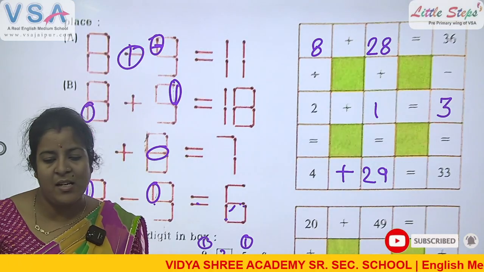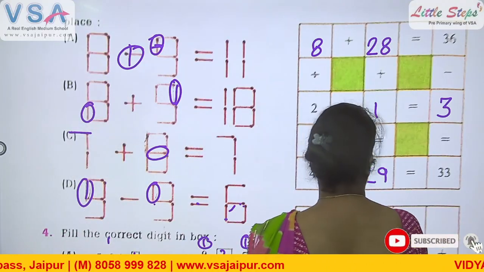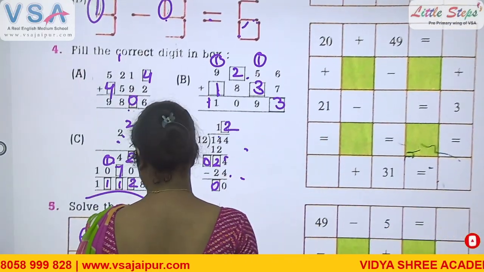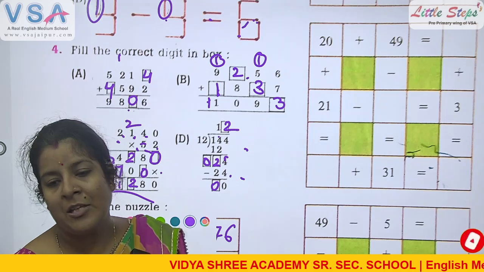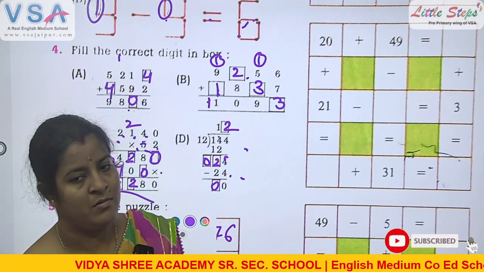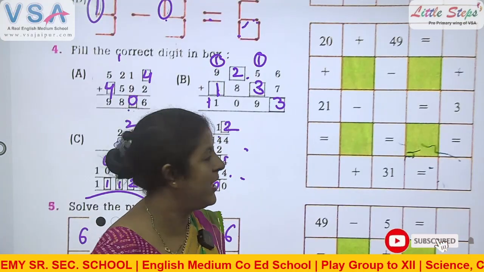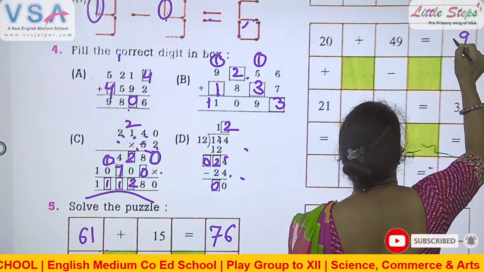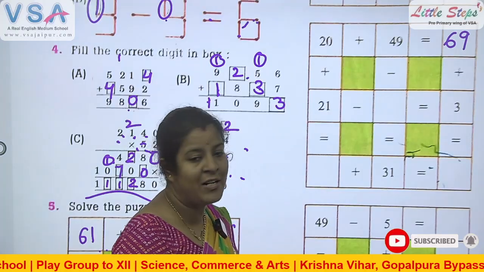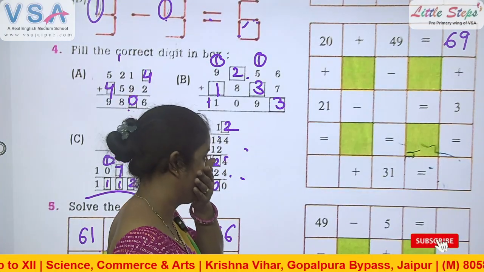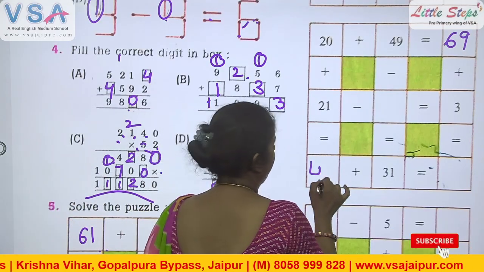Then the next puzzle is 20 plus 49 equal to, yes Pragya, 20 plus 49. 0 plus 9, 9, and 2 plus 4, then the number is 69. 20 plus 21, yes Kartik, 20 plus 21, this side, 41, very good, sit down.